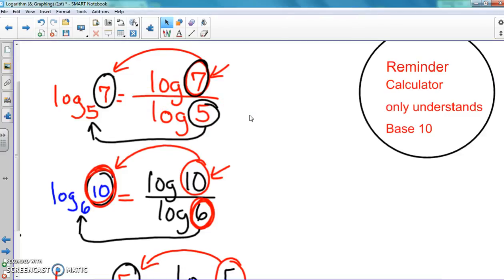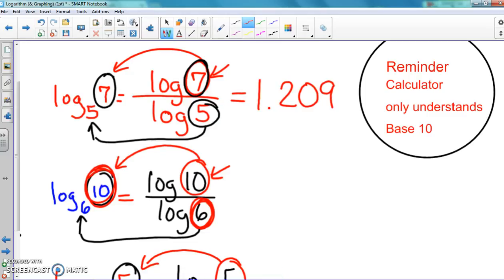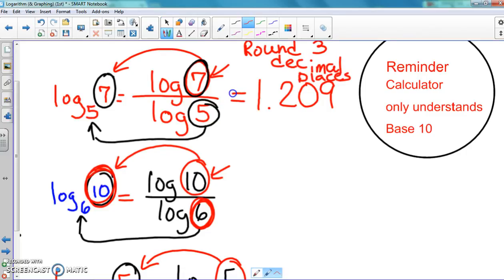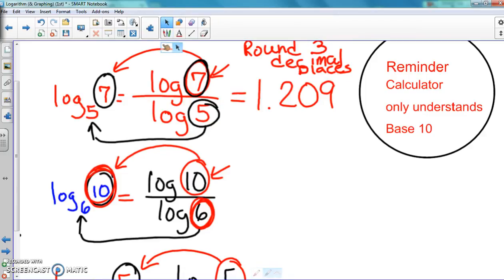So let's write that up here. 1.209. So we're rounding to 3 decimal places.